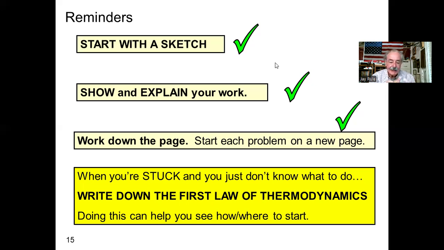Simply writing that down and looking at it can help inspire you quickly to see how to get started. It helps you see what do I know in this first law? What do I not know is what I'm trying to find buried in the first law. So writing down the first law can really help you see how or where to start on solving a problem.